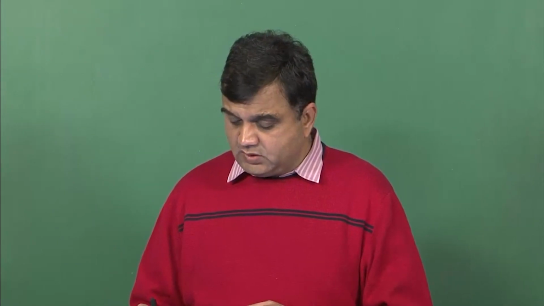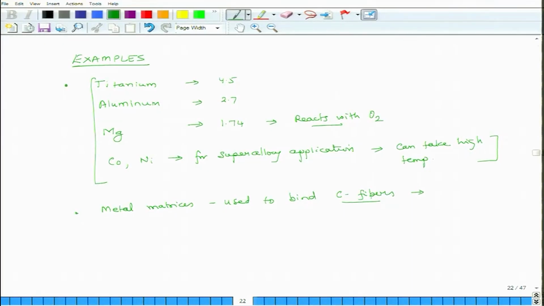So, in that case what they do is they coat the carbon with something else, right, tungsten or something. So, here to reduce reactivity, carbon fibers are coated with something which does not do that, and then they are also used to bind ceramic fibers.